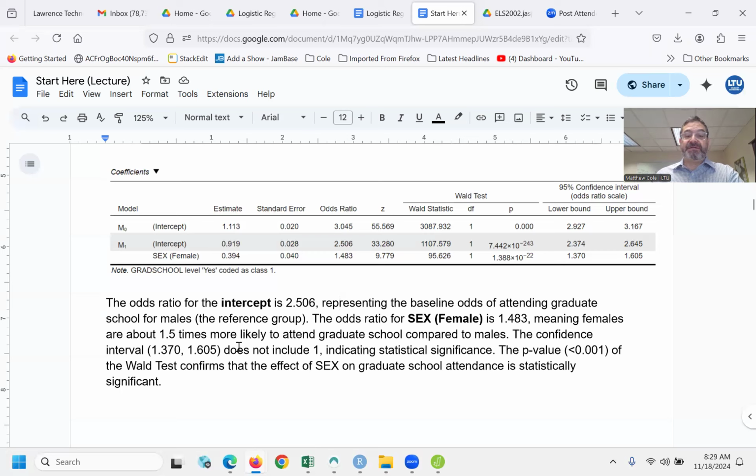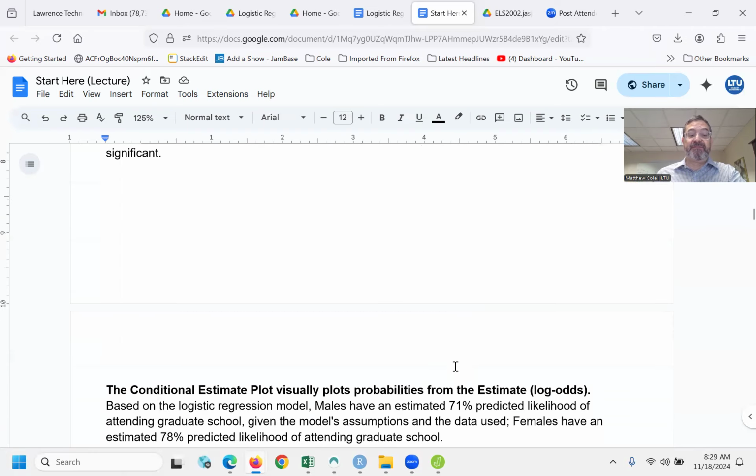Since the confidence interval does not include 1, it indicates statistical significance, but we also have the p-value. It's always good practice to report an odds ratio plus its confidence interval. So the p-value, which in this case is considerably less than 0.001, a 99.9% level of significance, confirms that the effect of sex on graduate school attendance is statistically significant.